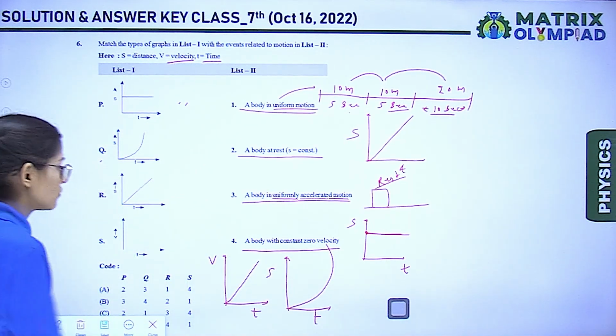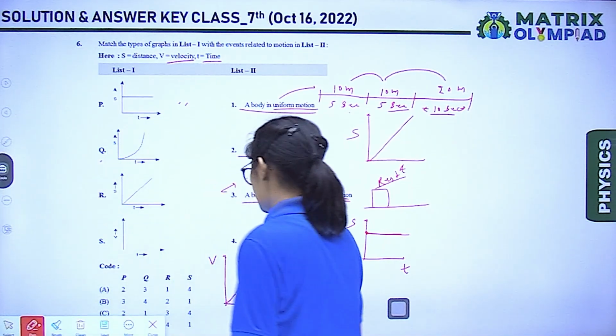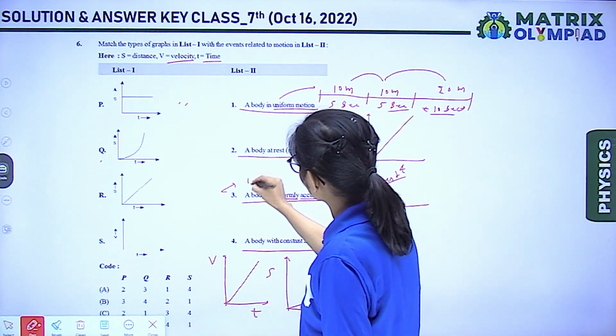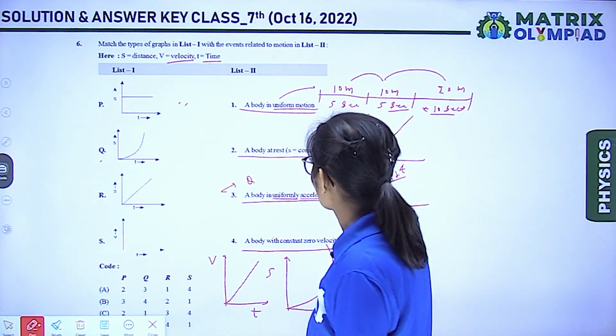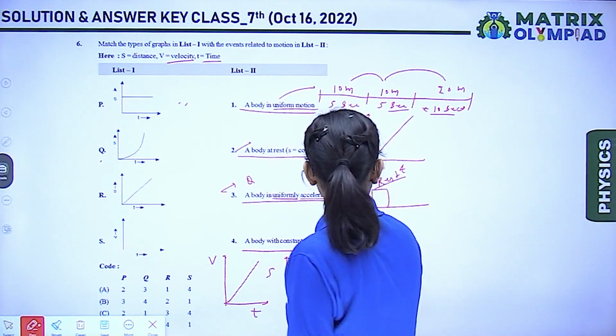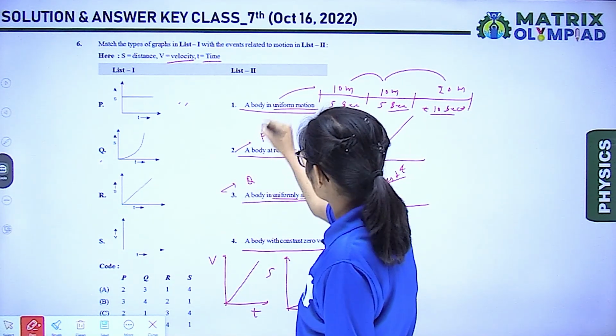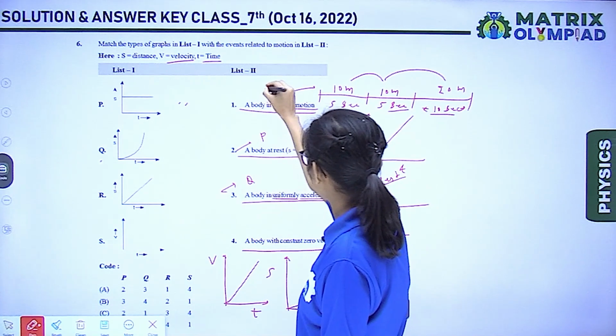So for the third, that will be Q, and for the second, that will be P, and for the first, that will be R.